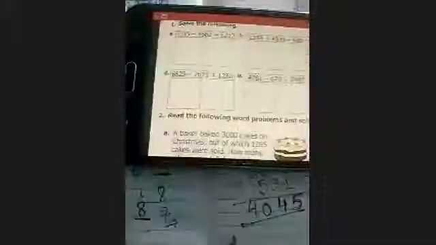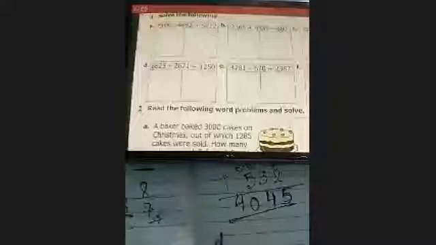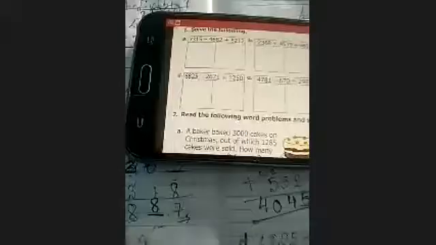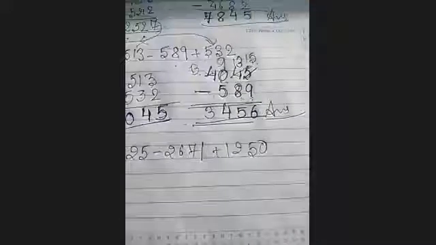Now this is activity 10 again. I'm solving question number D. This is 6,825 minus 2,671 plus 1,250. This is the question. Clear? So we have minus also, we have plus also.